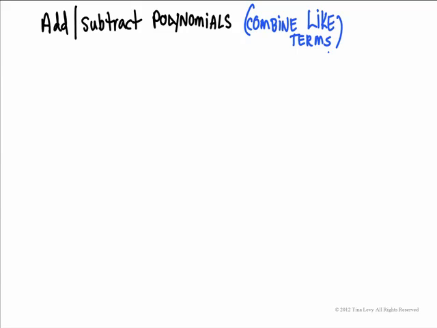We're going to do some adding and subtracting of polynomials. To start with, let's describe what we mean by combining like terms. For example, suppose you had 2x cubed and you were adding 3x cubed. I think of x cubed like a molecule.